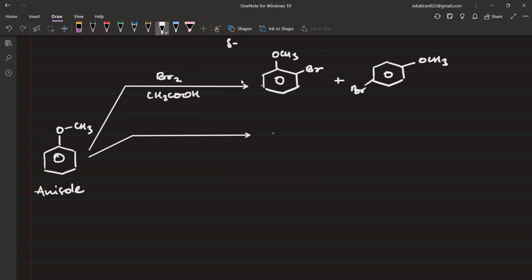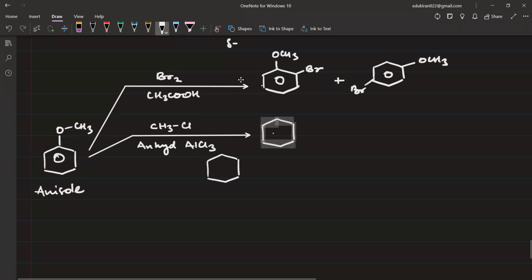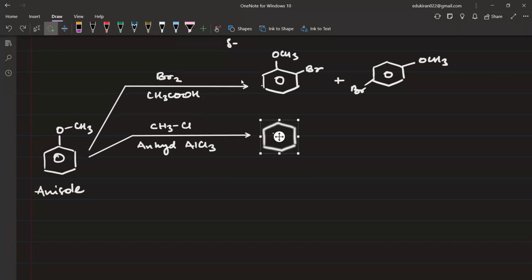So if we have CH3Cl, or any alkyl chloride, okay, any alkyl halide in the presence of anhydrous AlCl3, this is going to give me OCH3, and here I'm writing CH3.